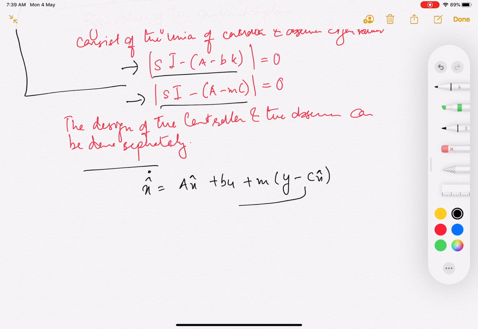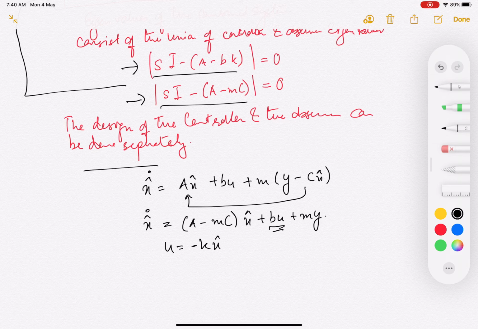So I take this term in, so I get x hat dot is equal to (A minus MC) x hat plus Bu plus My, and I then substitute this u, because your u is minus K x hat, so again I get x hat dot is equal to (A minus MC minus BK) x hat plus My.